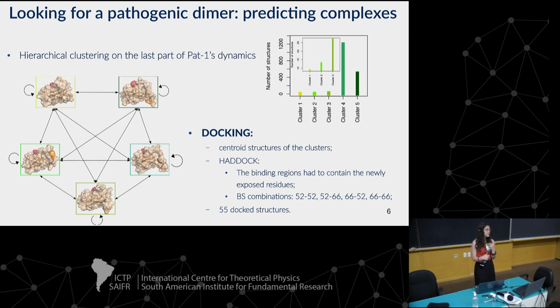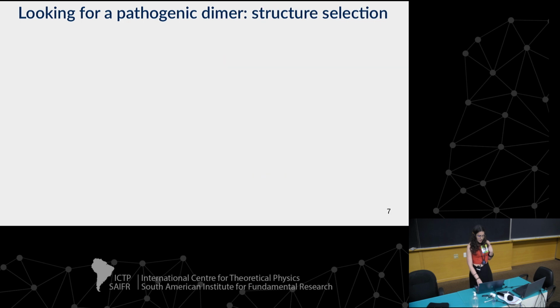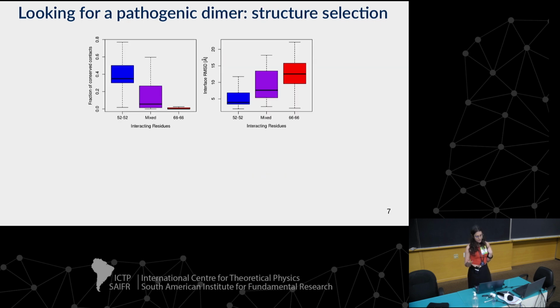So considering all the possible combinations of centroid structures to be docked and interface composition, we ended up with 55 docked structures. And we performed 50 nanoseconds long molecular dynamics simulations on each of them. So here you have an analysis of these dynamics. We focused on the fraction of conserved contacts and the interface root mean square deviation.